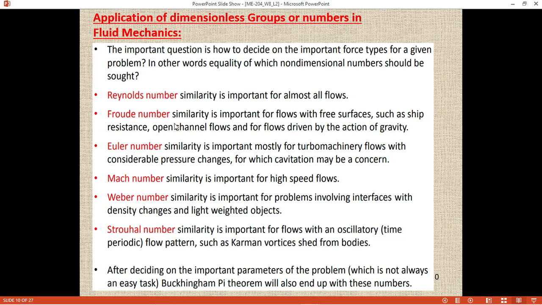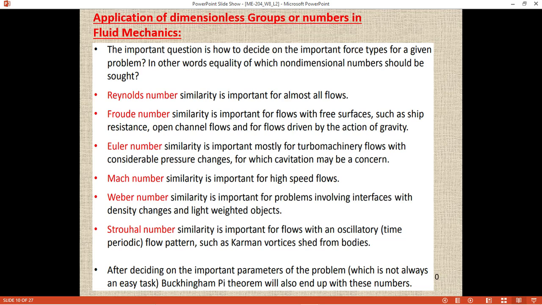Froude number similarity is important for flows with free surfaces, such as ship resistance and open channel flows, and for flows driven by the action of gravity. So wherever the gravity force is involved, like a free discharge flow or open channel flow.